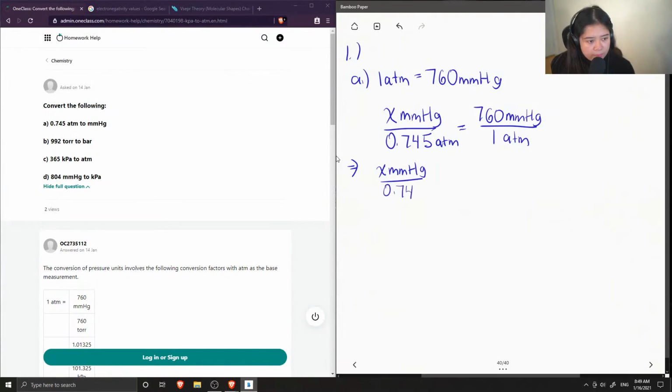So multiply this side by 0.745 atm and multiply our other side by the same thing, just to show how these units will cancel out.